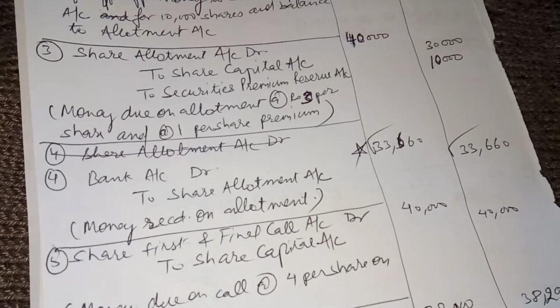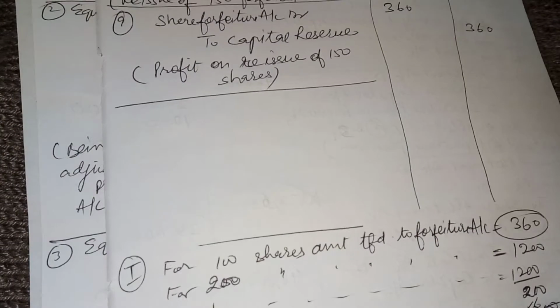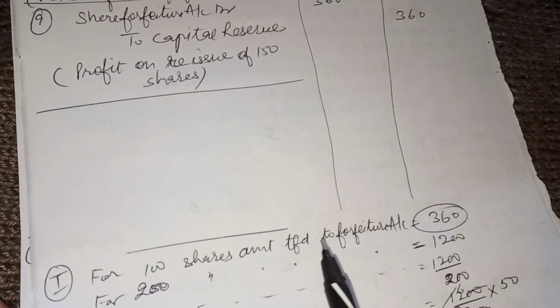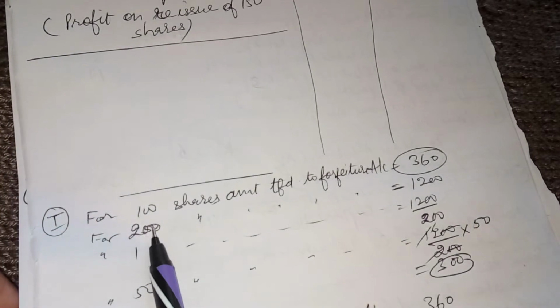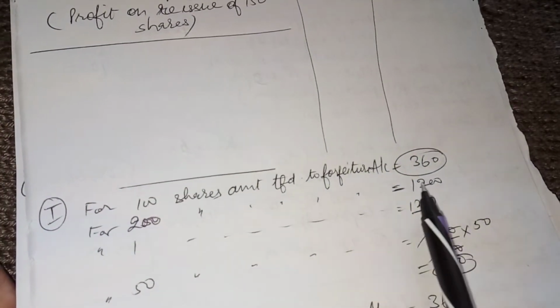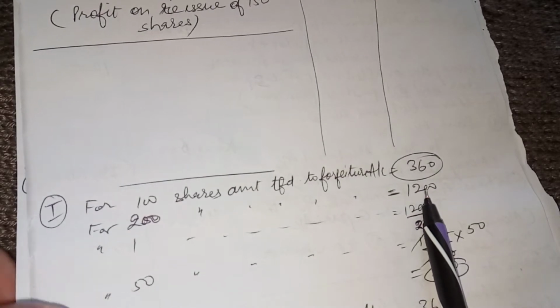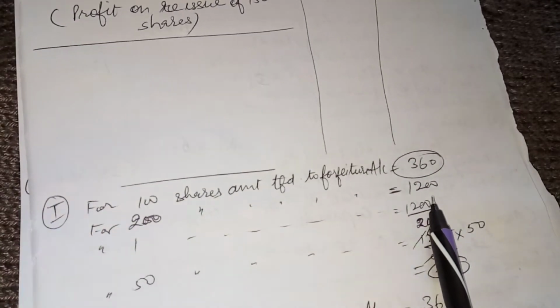For 200 shares of B, the amount transferred to forfeiture account is 1200 rupees.